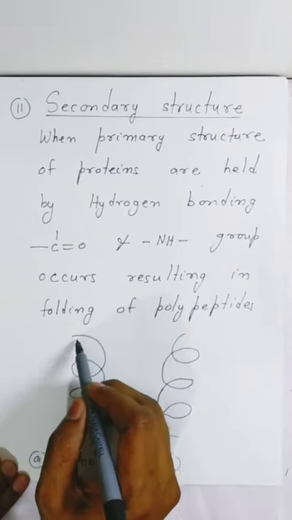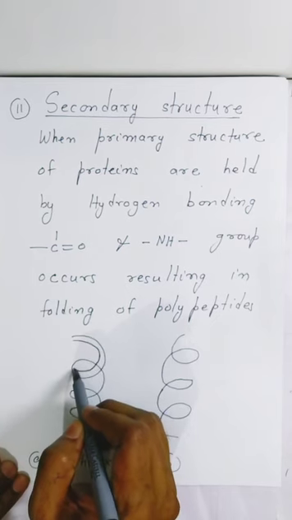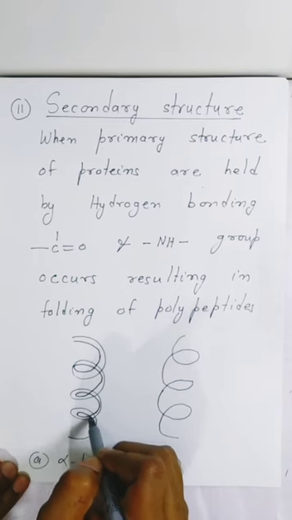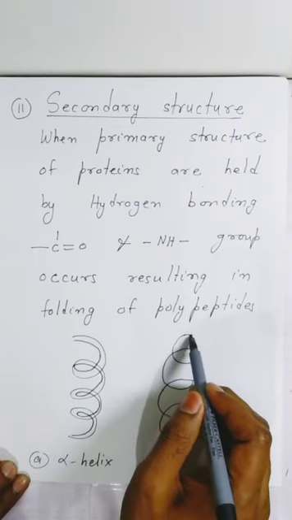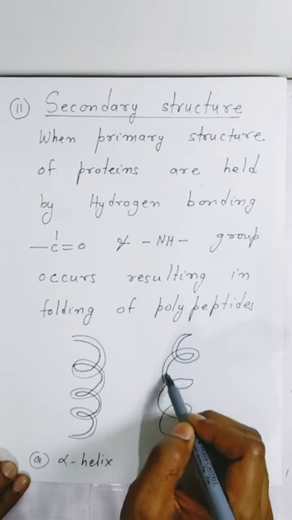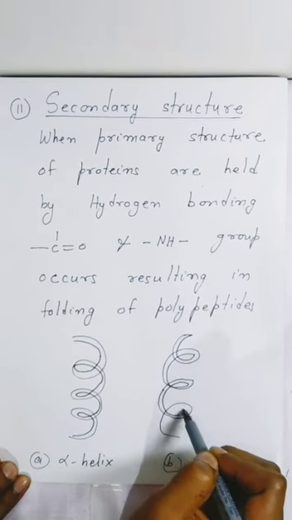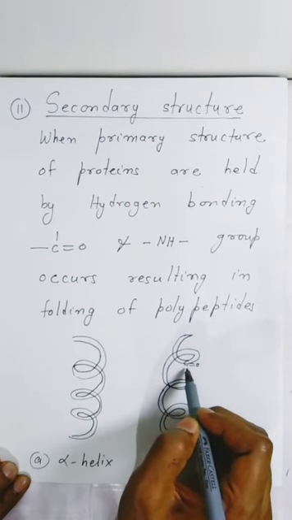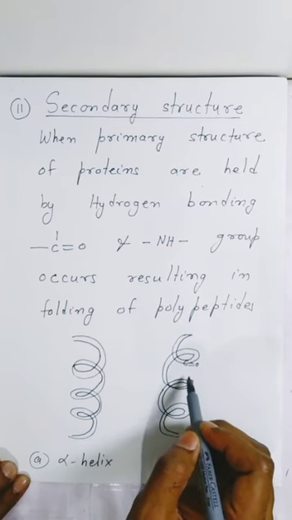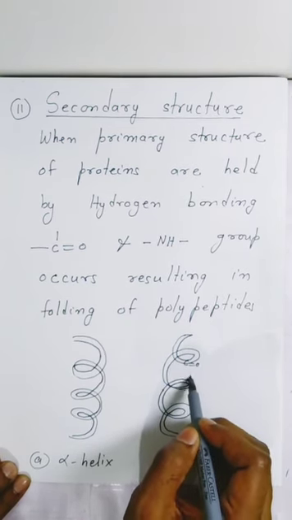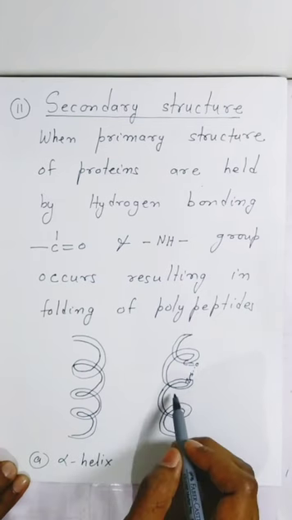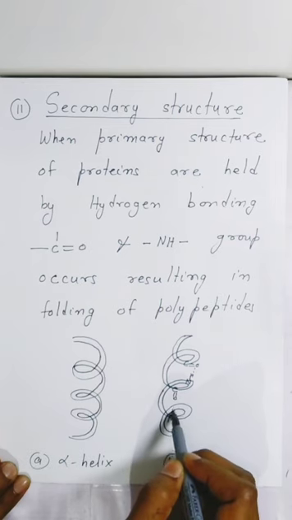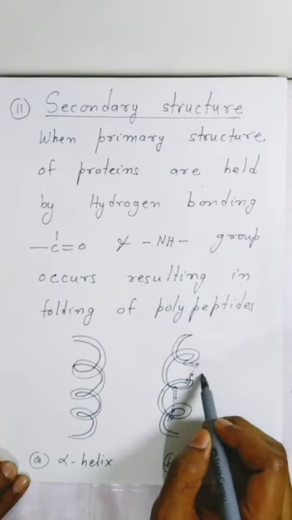Suppose here a carbonyl group will be there. This carbonyl group is attached by hydrogen bonding to the amine group of this one.